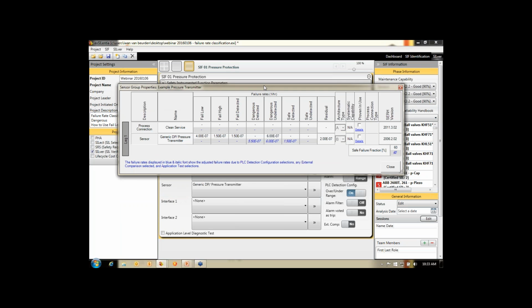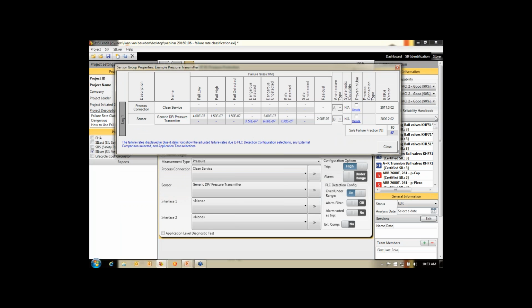Well, fail high goes through the trip point, is safe, initiates a trip, but those failures are now detected. So they now fall in the safe detected category.